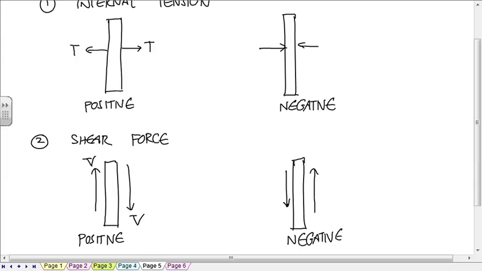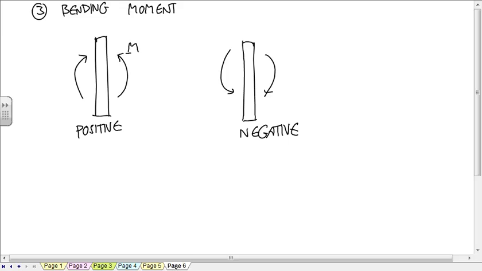As far as remembering them, these two you're kind of on your own, but I can help you remember the sign convention for the moment. A positive bending moment tries to make a beam look happy, you know? Because I'm happy.